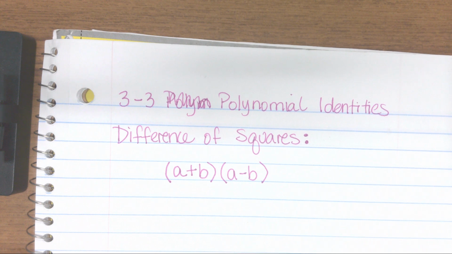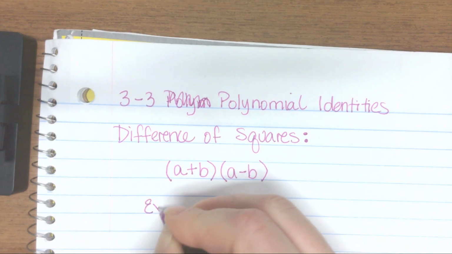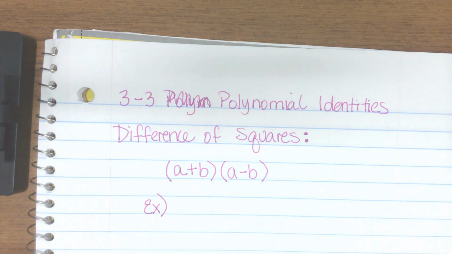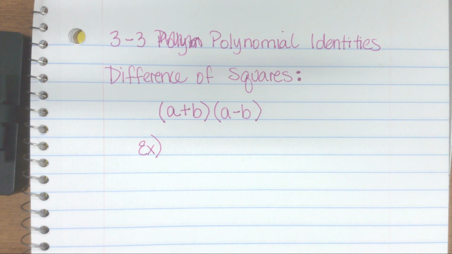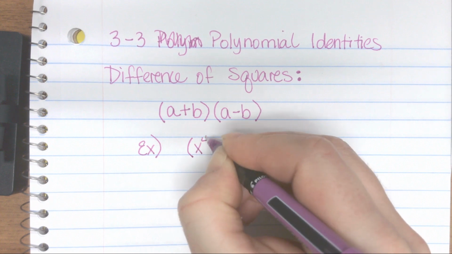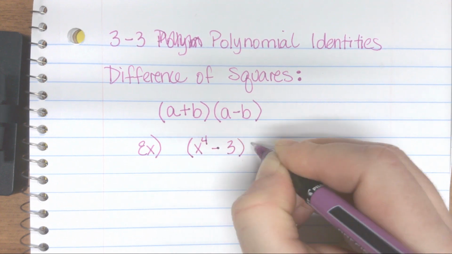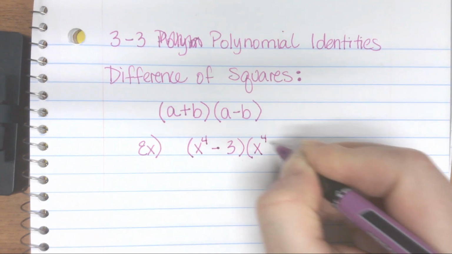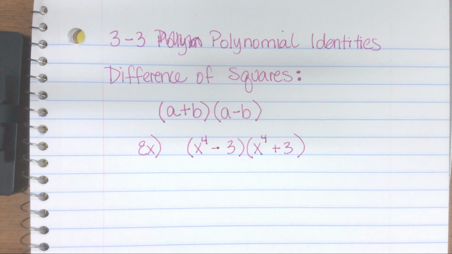All right, so let me give an example, and then we'll move on to our next one. If I asked you to simplify x to the fourth minus 3 times x to the fourth plus 3, what we want to start working towards is just recognizing it and knowing.